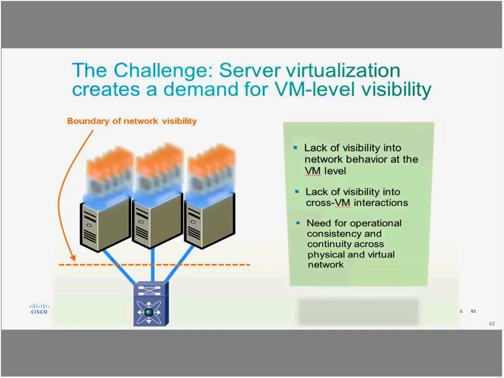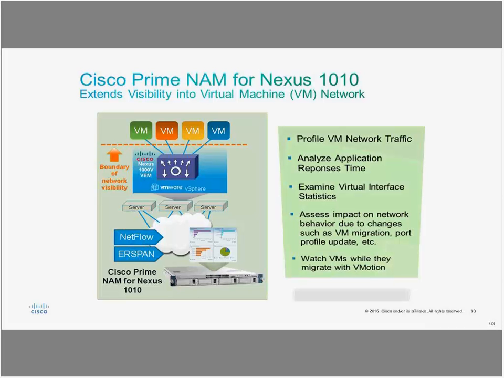And that's why we came up with a network analysis module for Nexus 1010, also as a virtual machine. It provides that visibility. It extends that boundary of visibility into your virtual workloads. Through the use of NetFlow, ERSPAN, SPAN, and other tools, it can provide that graphical overview of how the traffic is working at the virtual level.